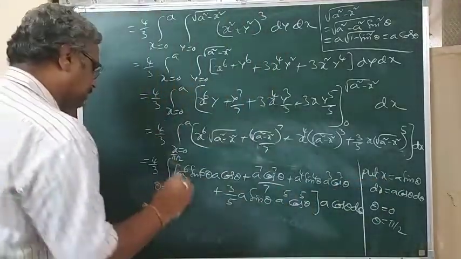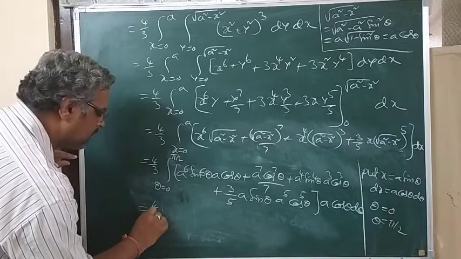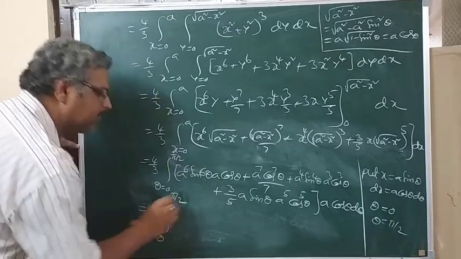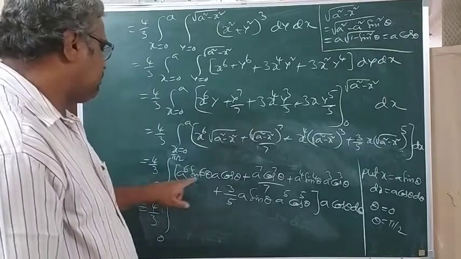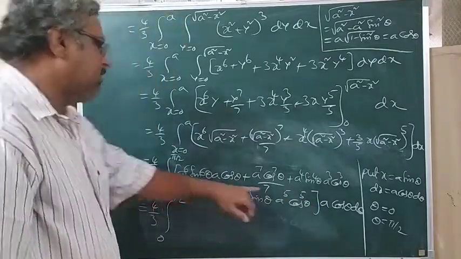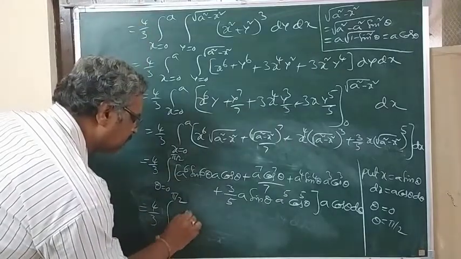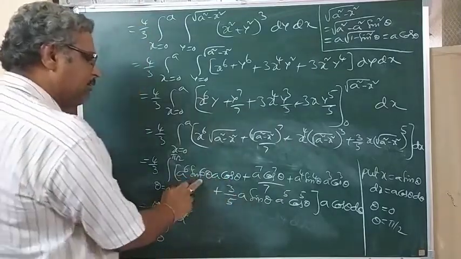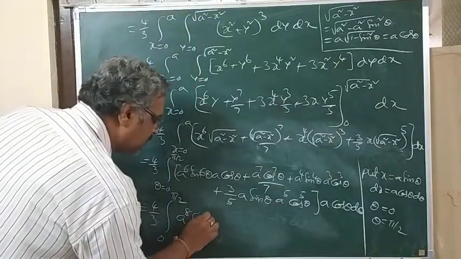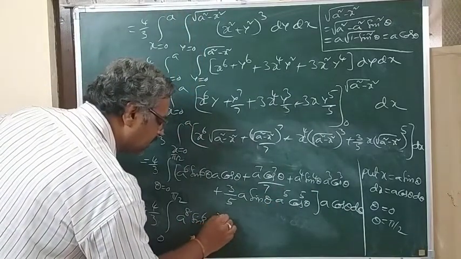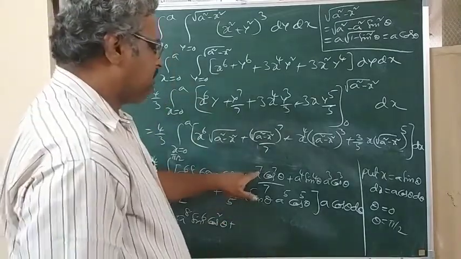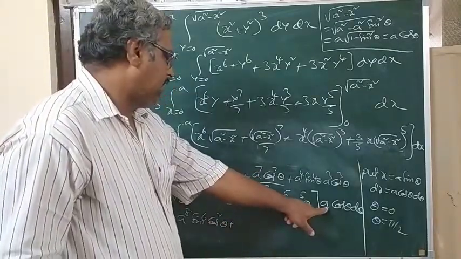Now simplification. 4 by 3 times the integral 0 to pi by 2. Here a power 6 into a into a power 7 gives a power 8, sin power 6 theta cos theta into cos theta, sin power 6 cos square theta. Plus here a power 7, here a power 6.